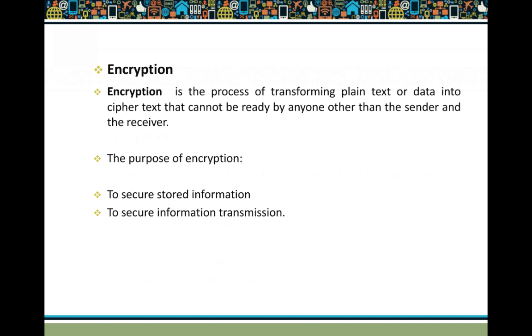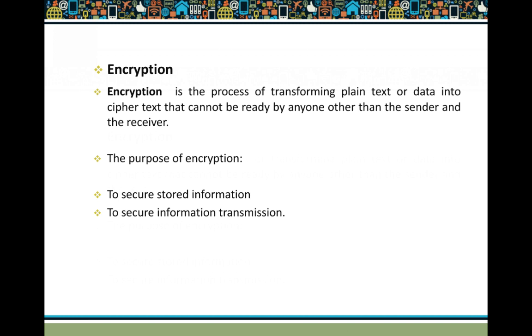Now what is the basic purpose of encryption? We encrypt our messages to secure our information from a third party. Only the source, who sends the message, and the receiver, who receives it, should be able to get the message.